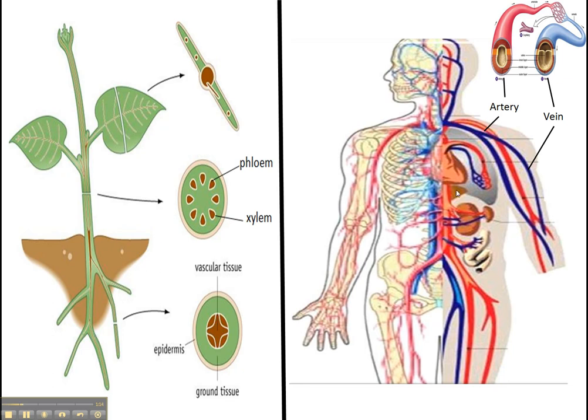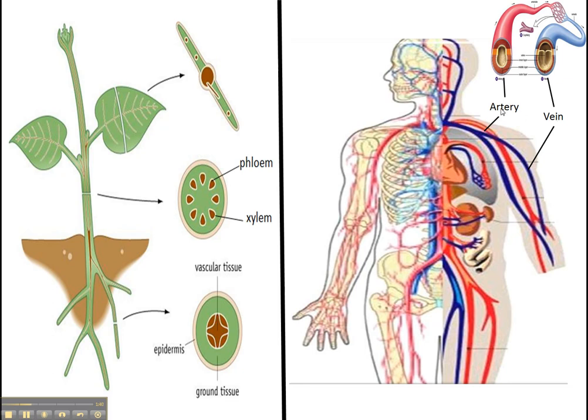Now if you look over to the right, this is a picture of the circulatory system for the human body. The human body also has vascular tubes, but they're not called phloem and xylem. They're called arteries and veins. Just like phloem and xylem carry nutrients, the arteries and veins do.